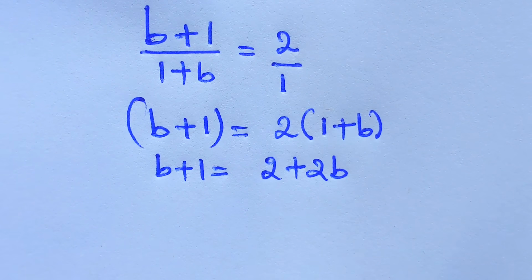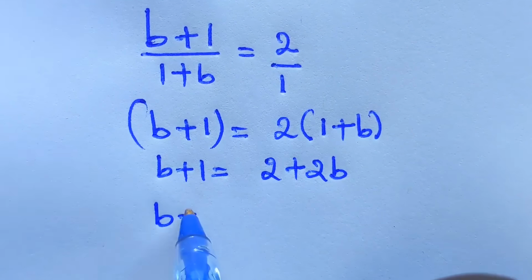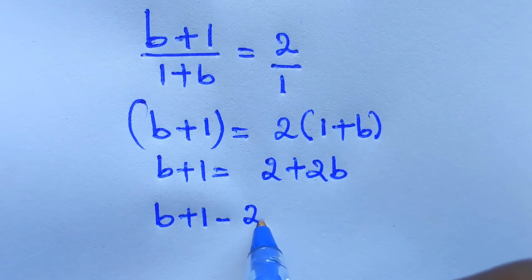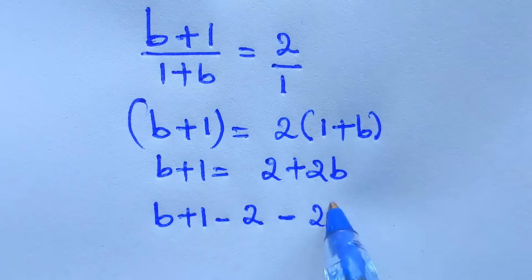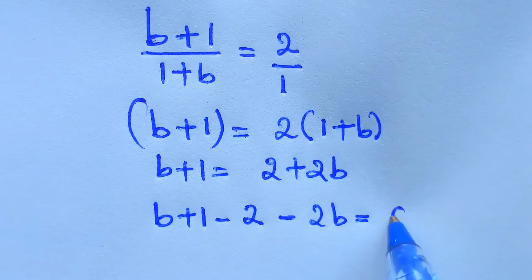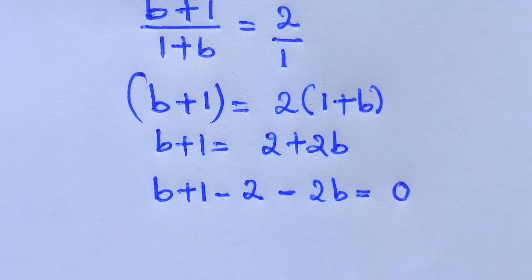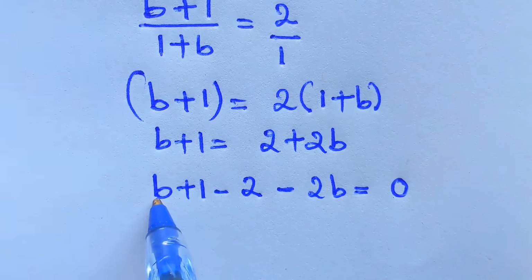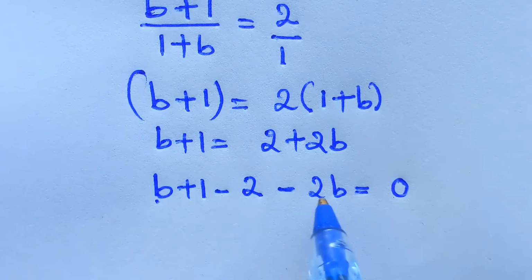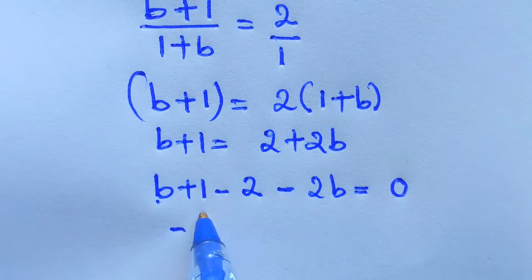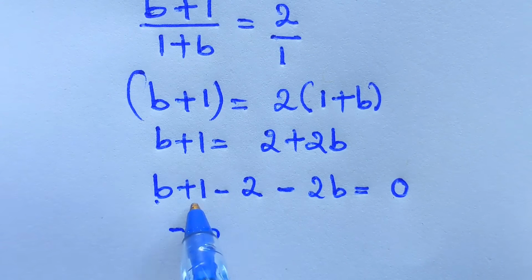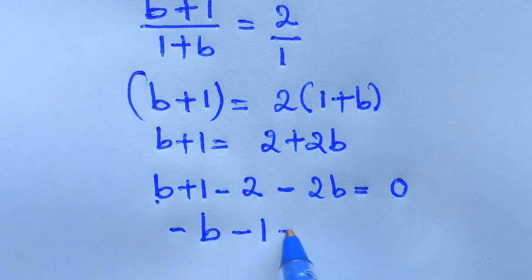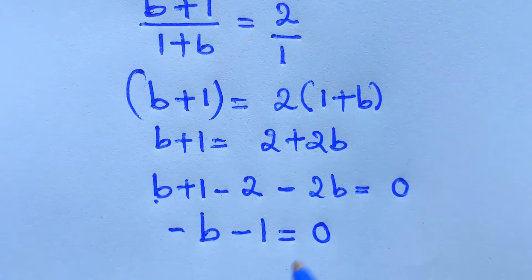Right? And of course here we have b + 1 - 2 - 2b, and of course this should equal 0. Then of course we shall get b and negative b, we shall get negative b, and here I have negative 1 equals 0.